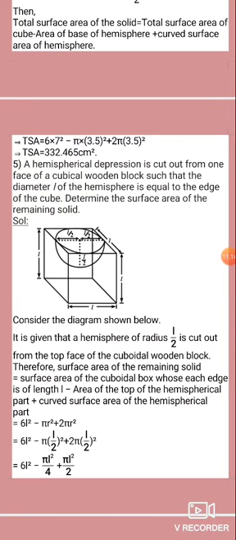So, what is surface area of the cuboidal box? 6l square minus area of the top of the hemisphere, which is a circle in shape. So, minus pi r square plus curved surface area of the hemispherical, what? 2 pi r square. Now 6l square minus pi into radius, which is l by 2 the whole square, plus 2 pi into l by 2 the whole square.